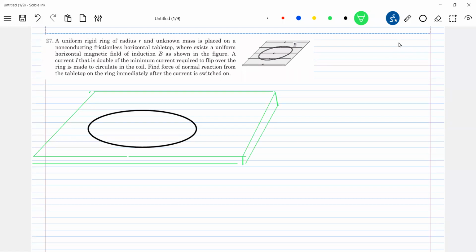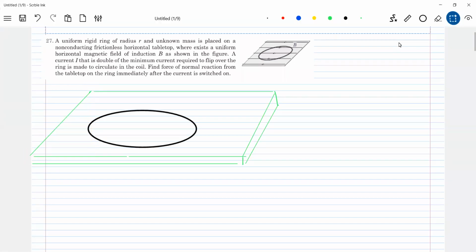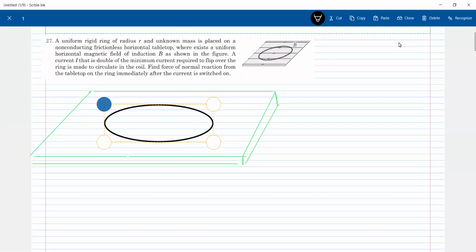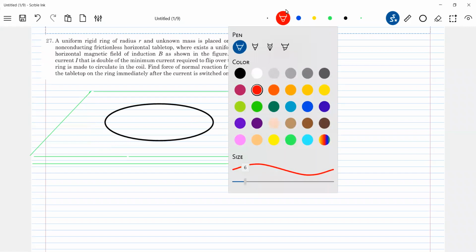It is placed on a horizontal surface. Read the question. Meanwhile, I'll set the diagram. There's a horizontal uniform magnetic field.